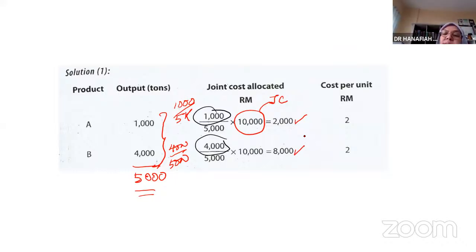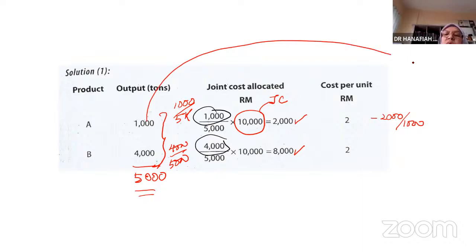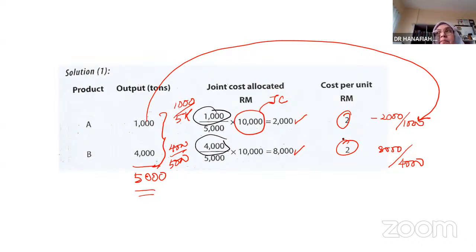And this is actually 2,000 divided by 1,000 output, and 8,000 divided by 4,000. Happen to be the cost is the same. I repeat. When based on physical output, you total up the output first. You get 5,000.